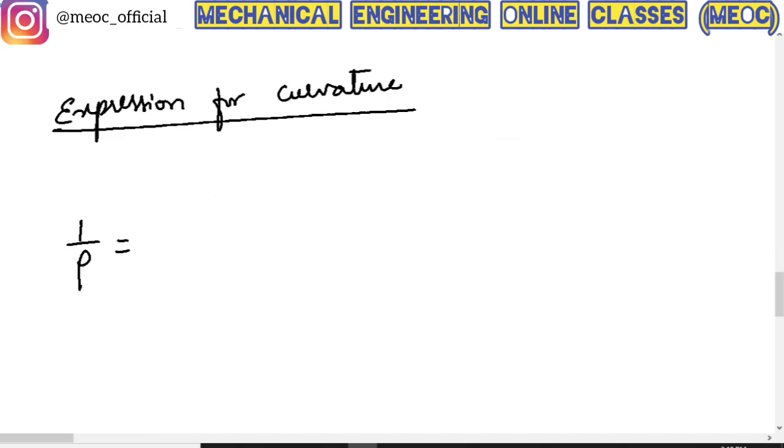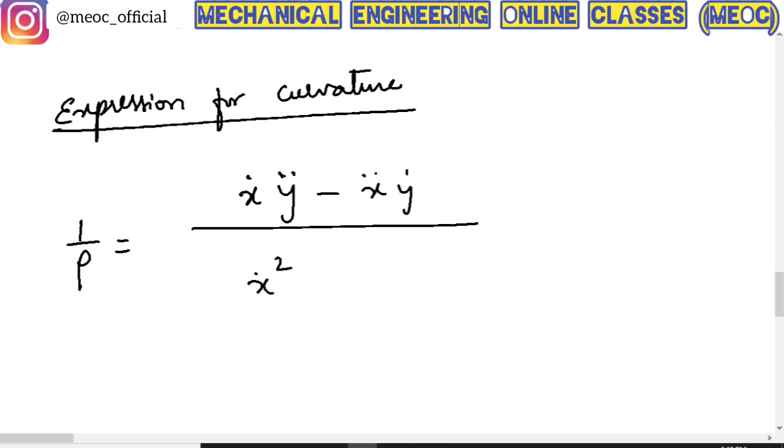The expression for curvature can be given as 1 by rho, which is nothing but the curvature. This can be given as (x dot y double dot minus x double dot y dot) whole divided by (x dot square plus y dot square) whole to the power of 3 by 2.